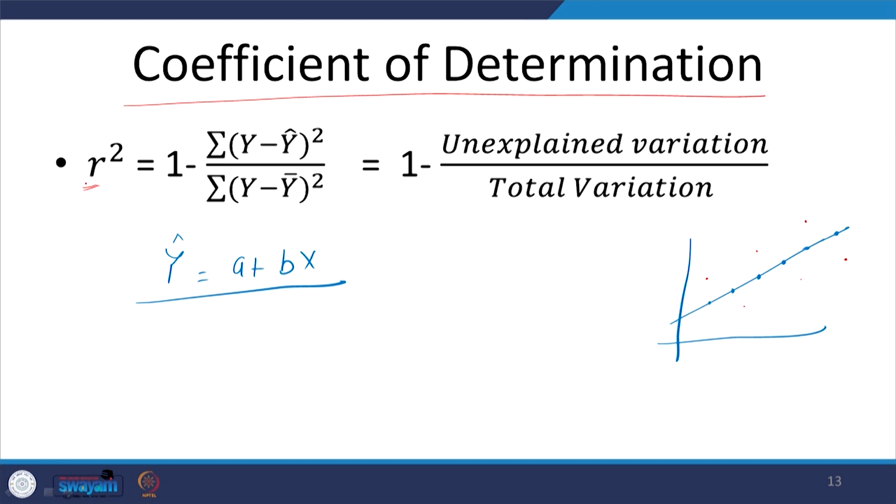Many of us know it only by the name R square. So, this R square is 1 minus unexplained variation divided by total variation, and here you see y minus y cap, that is the unexplained variation, and y minus y bar, that is the total variation. So, we calculate this coefficient of determination, and if it is more than 65%, 67%, we say that it is a good forecast.